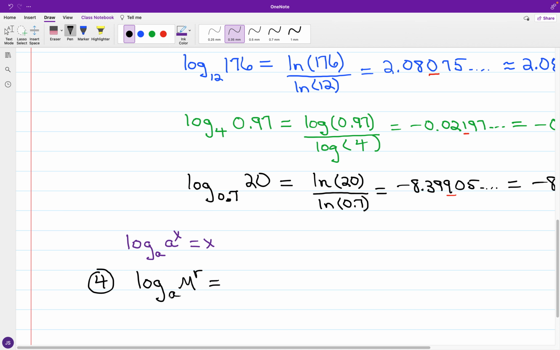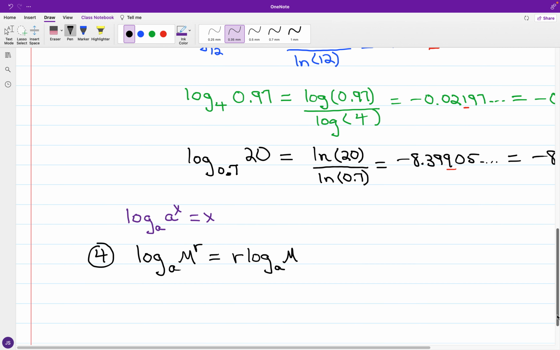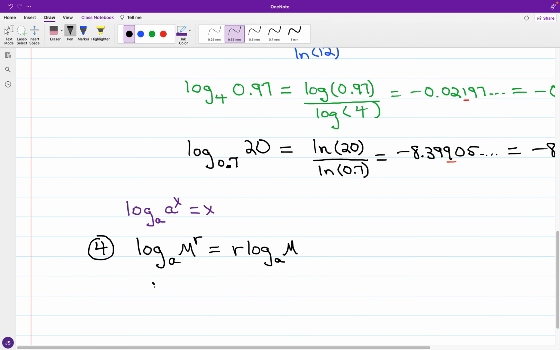So the base a logarithm of m to the r is equal to r times the base a logarithm of m. And again, this is going to bridge a gap that exists between single logarithmic terms and operations between logarithmic terms.